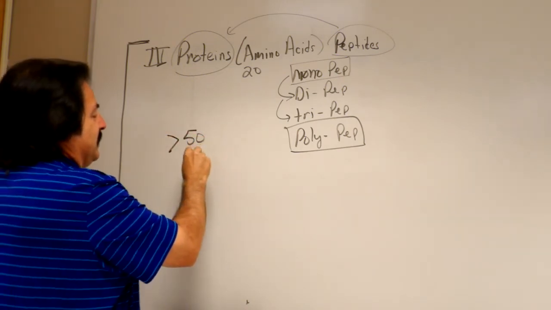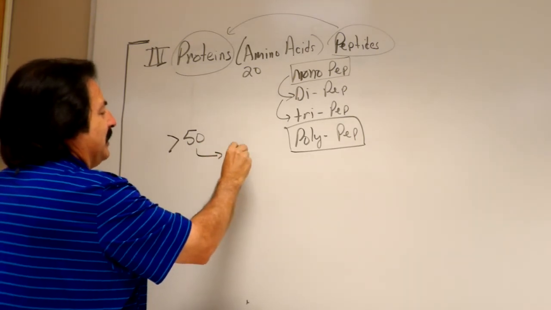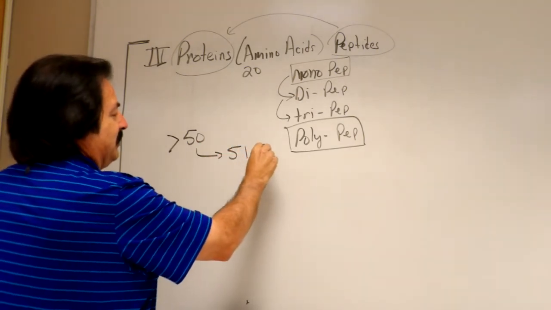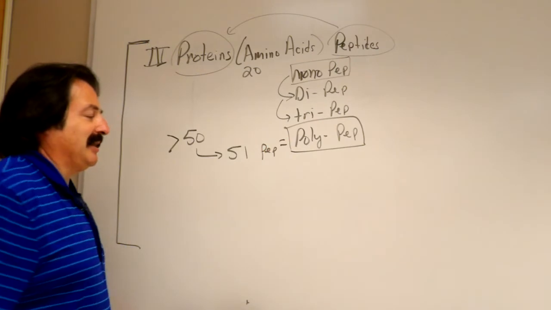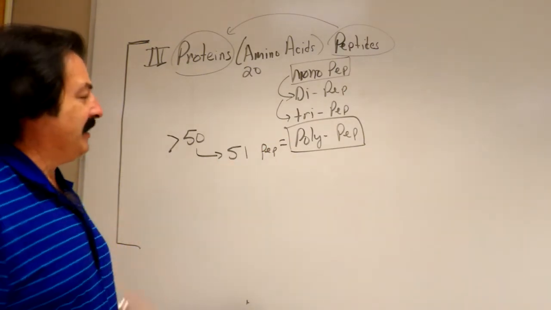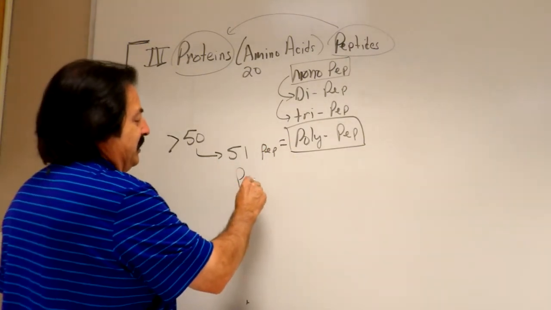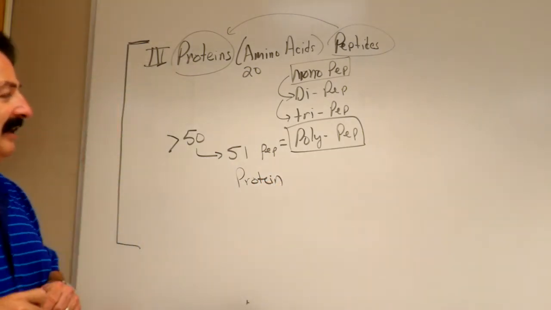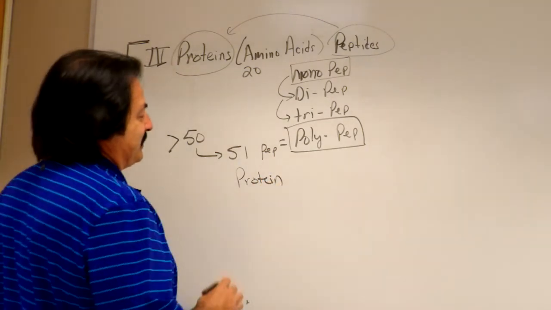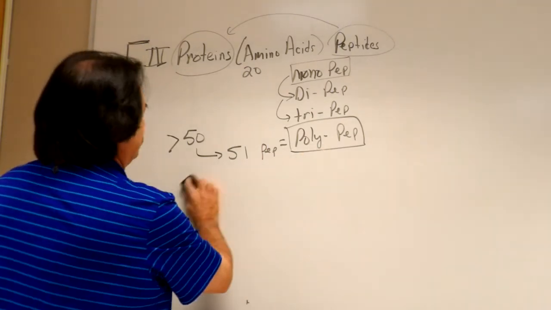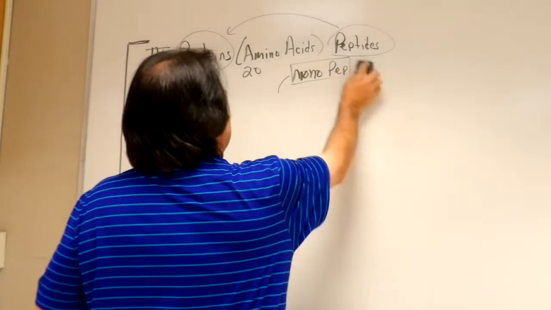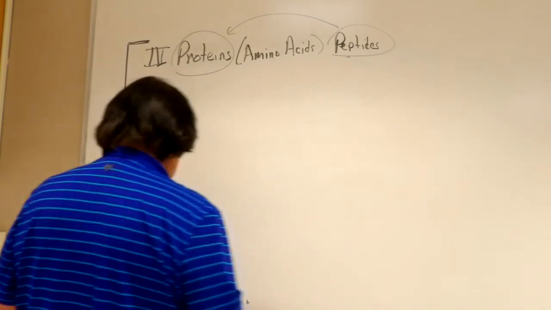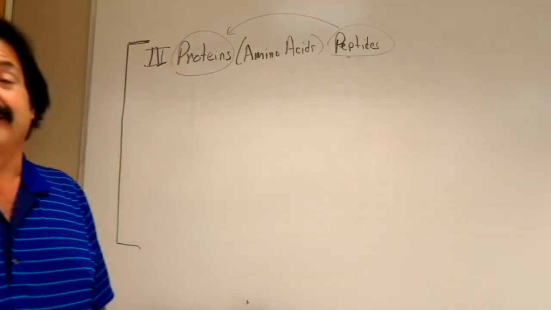So, as soon as you hit 51 peptides, which would definitely be a polypeptide, 51 is originally a protein. Anything with less than 51, we just call them polypeptides. All right? So let's draw our peptide.